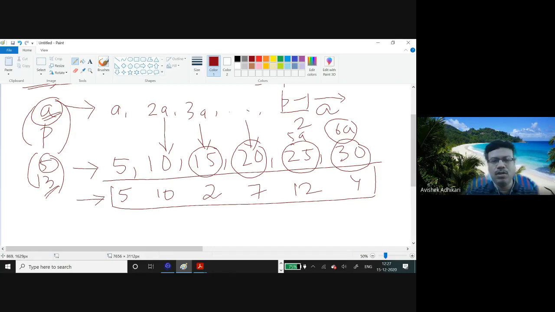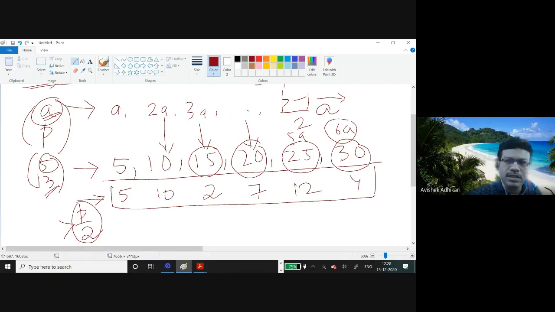Now find how many of these reduced values are exactly greater than P/2. Here P is 13, so P/2 is 6.5. That means how many of them are strictly greater than 6.5?